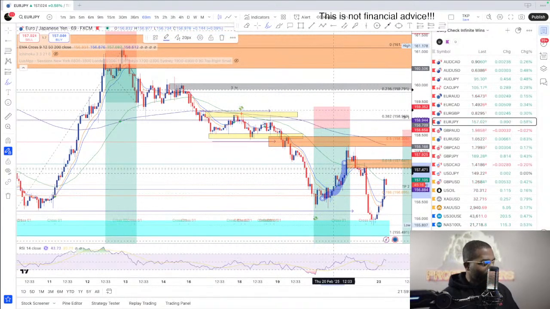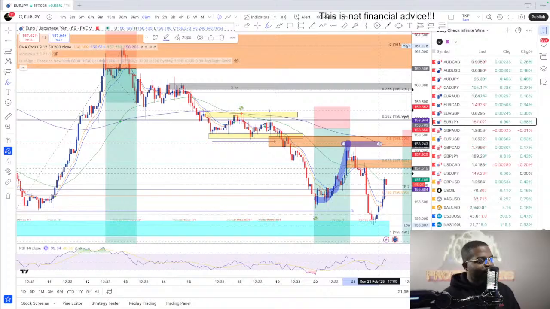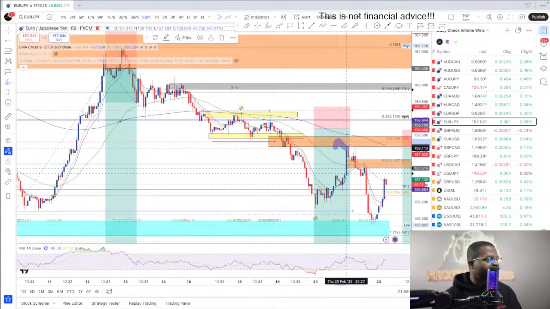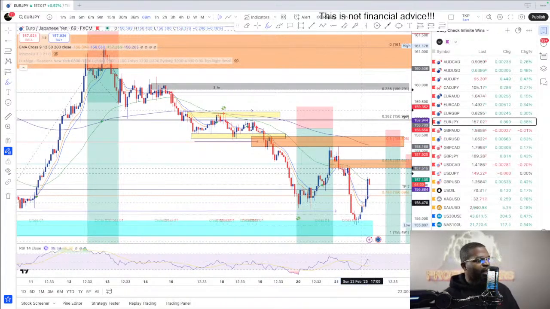This move right here, we had just hit our TP2, and then you get this major little swing. If you didn't know what you were doing or which side you was on, you were definitely still looking for buys. And boom, it's just selling like crazy the whole week.